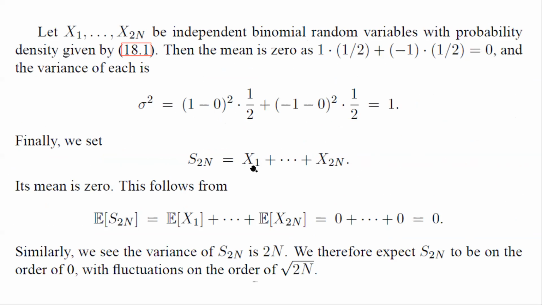So the mean is 0, and this is because the expected value of a sum is the sum of the expected values. If you haven't done probability, do not worry right now. I'm just trying to motivate the philosophy of square root cancellation. And then it turns out if your variables are independent, the variance of a sum is the sum of the variances. So we expect S2n to be of size 0, but with fluctuations of size square root of 2n.